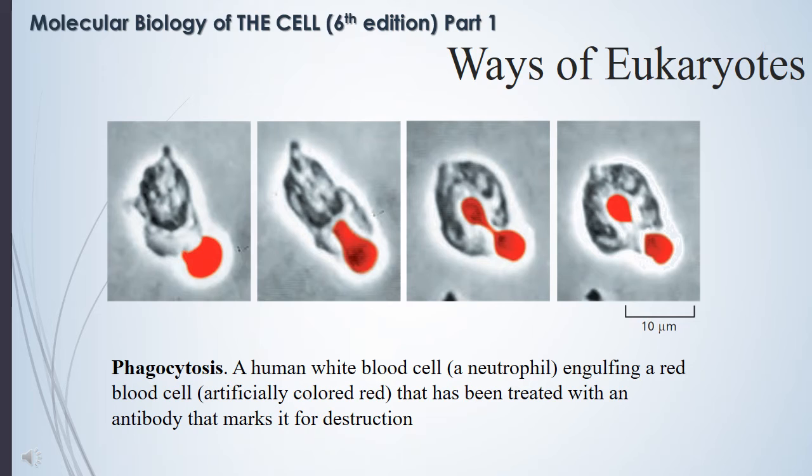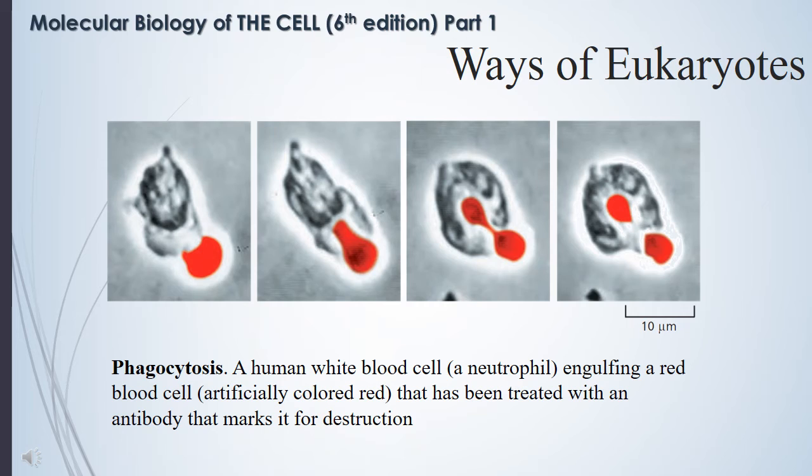Some eukaryotic cells could be quite vicious. Some of them can be very, very effective predators. For example, neutrophils are a part of our white blood cells, part of our immune system. They can engulf other cells.